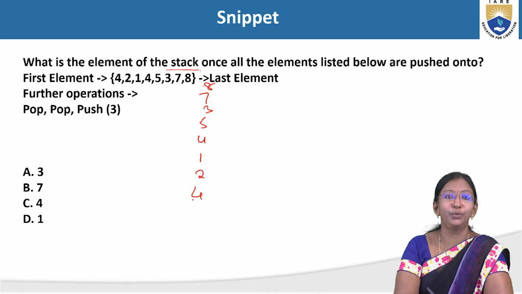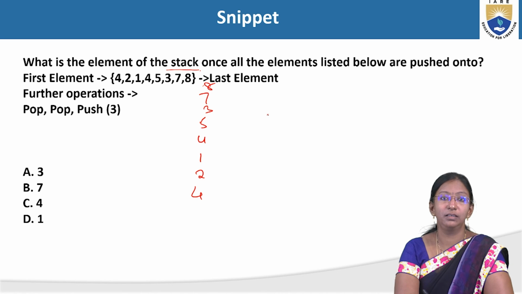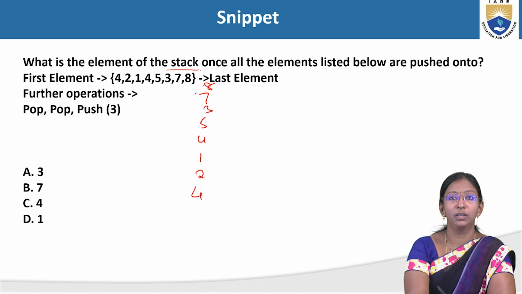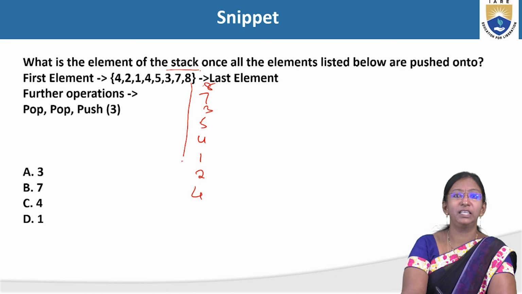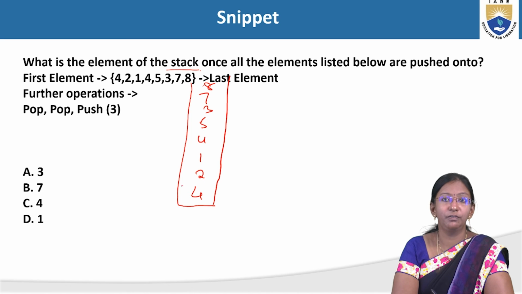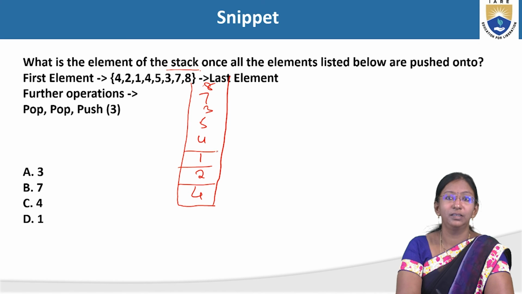I just hope you know that a stack goes with last in, first out. That is, the last inserted element will be removed first. So insertion and deletion operations are renamed as push and pop respectively when you work with a stack.